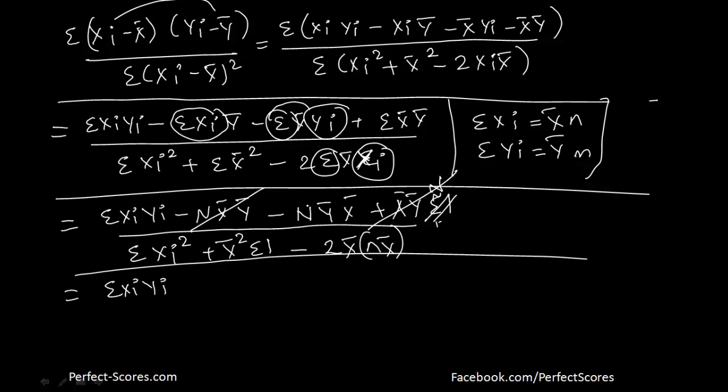And I can just rewrite this n into x bar as summation of xi. So this over here is going to be summation of yi into x bar. I'm just going to keep the x bar, and use the y bar here, not the x bar here, right? So this is what I have here now.